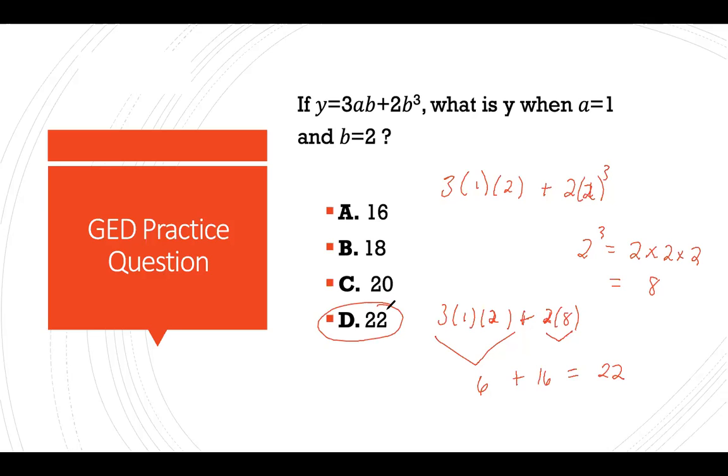My answer is going to be 22. All right. So you just got to do it in a stepwise fashion. This process is known as substitution. And when you do substitution, you are replacing the variables with the number that you're given. And then you're just doing the math. Good. Yes, the answer is D.